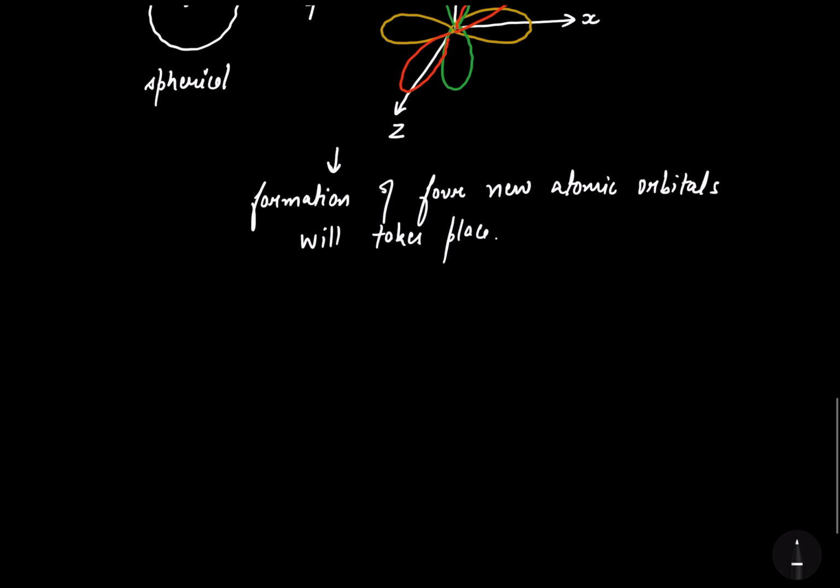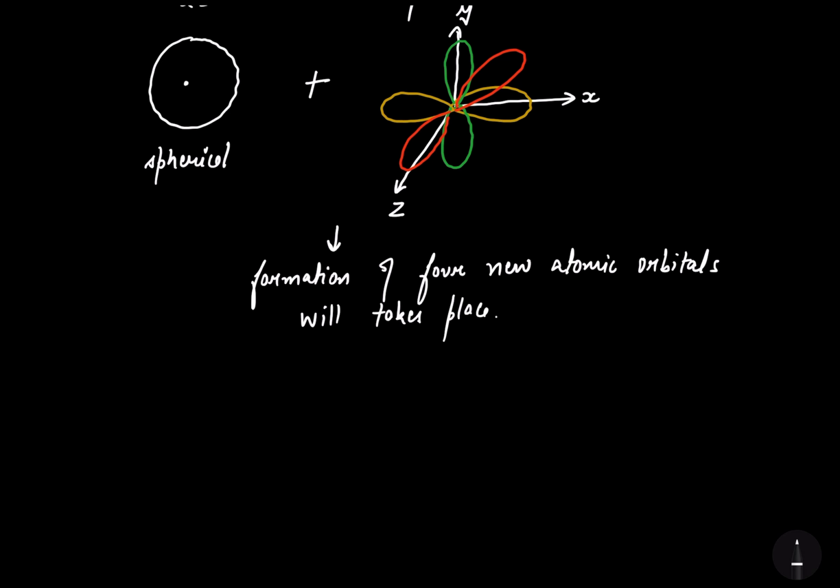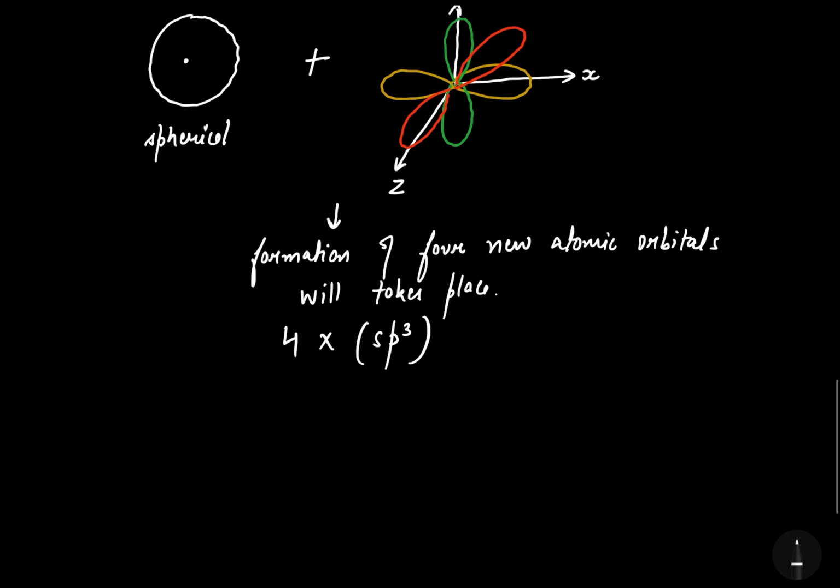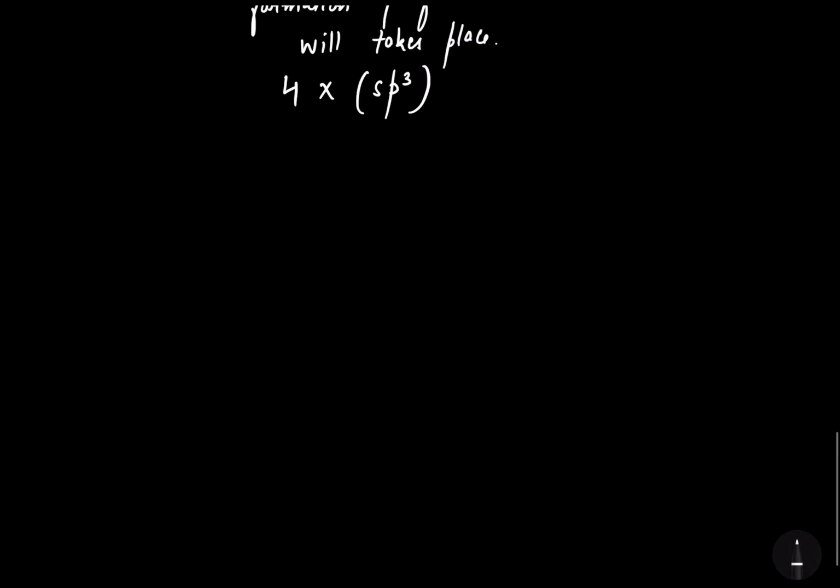So what will its structure be? First of all, those atomic orbitals will be named sp3. We are getting 4 sp3 atomic orbitals. So their shape will be like this: first of all, one lobe of p will grow in size and the other will remain small. That's my first sp3.